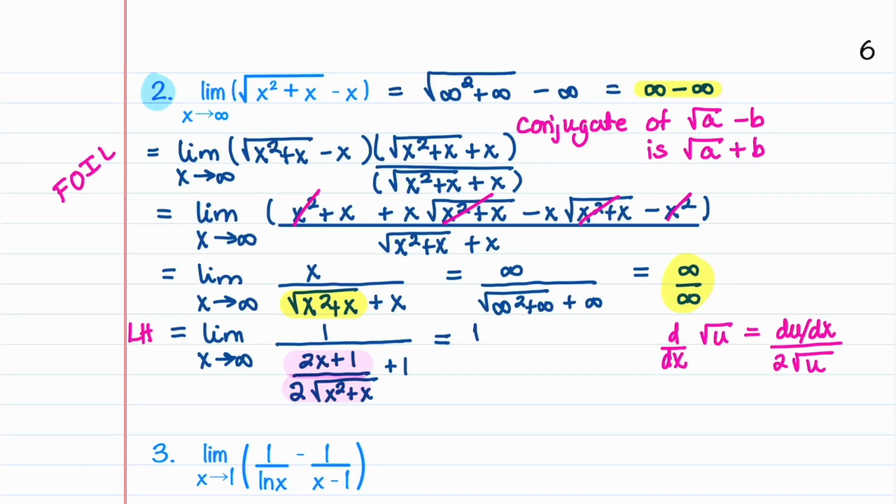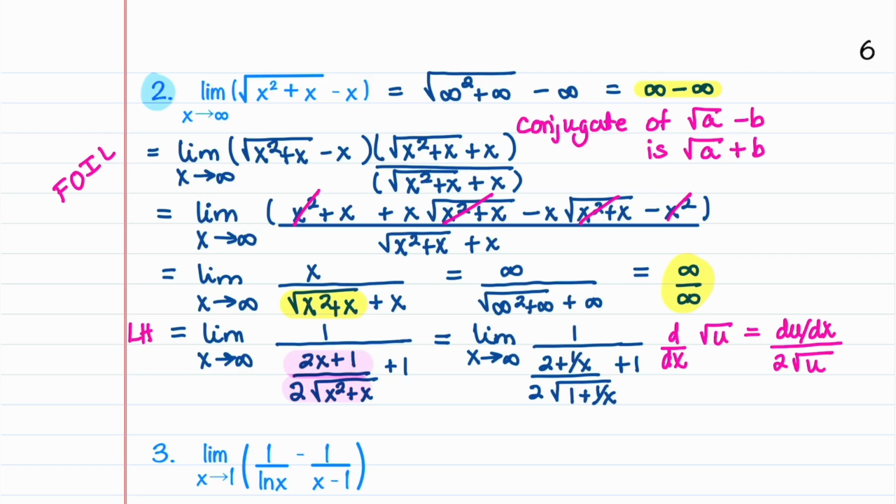This gives us the limit as x goes to infinity of 1, all divided by 2 plus 1 over x, all divided by 2 times the square root. Now, when we divide by x inside the square root, we have to divide by x squared. So this is 1 plus 1 over x, and then we have our plus 1 on the end.